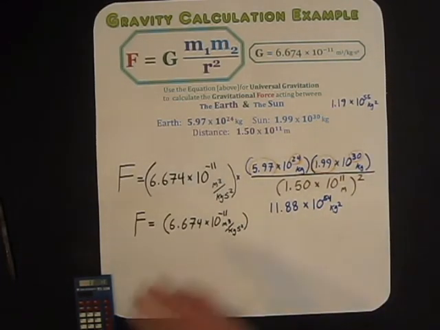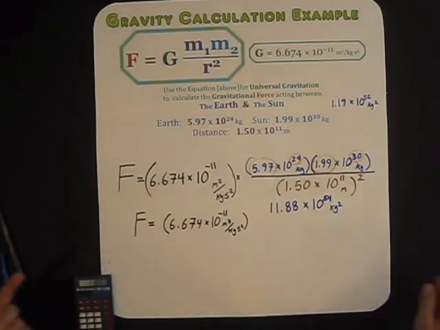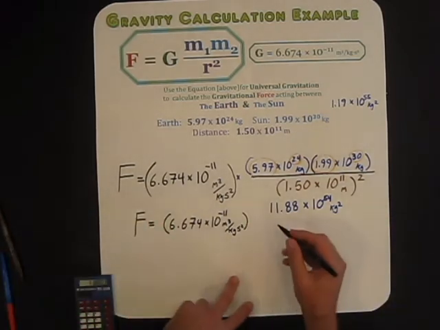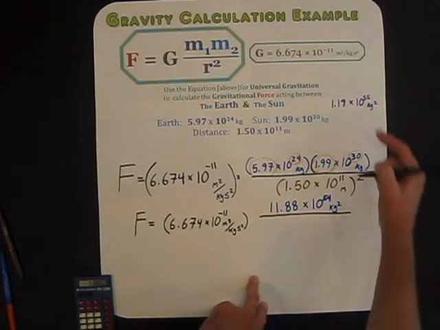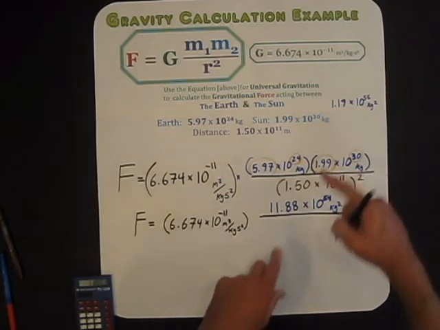So the reason I'm writing it up there instead of here is because I don't have enough room to write this too many more times. Okay, I might have to add paper on the bottom if necessary. Okay, so that's my numerator, and this would be proper scientific notation, but for now I'm just going to leave that.